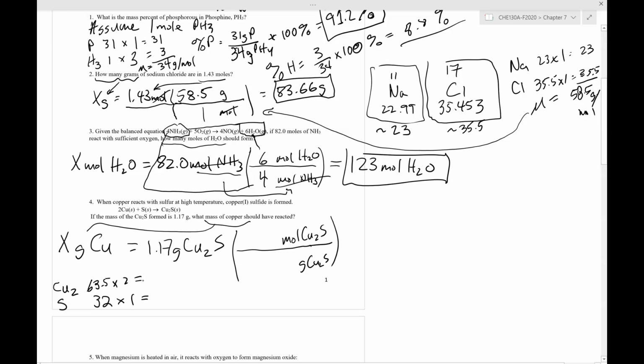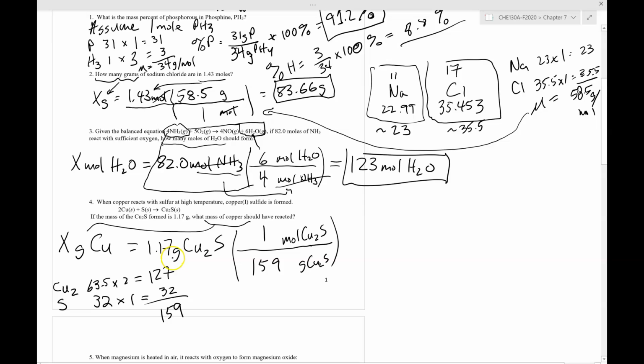And 63.5 times 2 is 127, and 32 times 1 is 32. So I'm getting 159 grams are in 1 mole of copper sulfide. And, you know, I'm just careful enough, I'm going to check my mental math there. But yeah, 63.5 times 2 is 127 plus 32 is 159. So that number is correct.